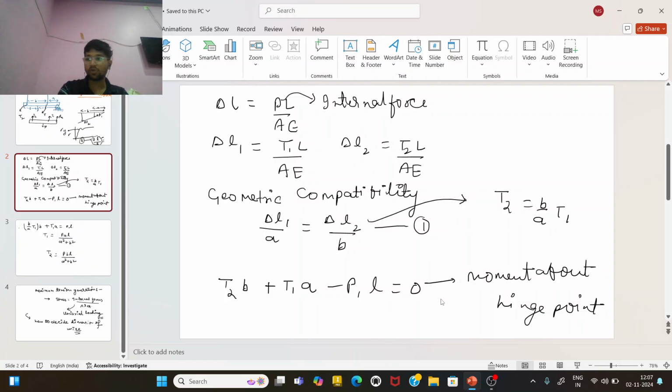The moment of T2 about the hinge point is T2B, and of T1 is T1A. The negative sign comes because the moment direction changes. Since we are doing static analysis, we assume the moment and force should be 0.